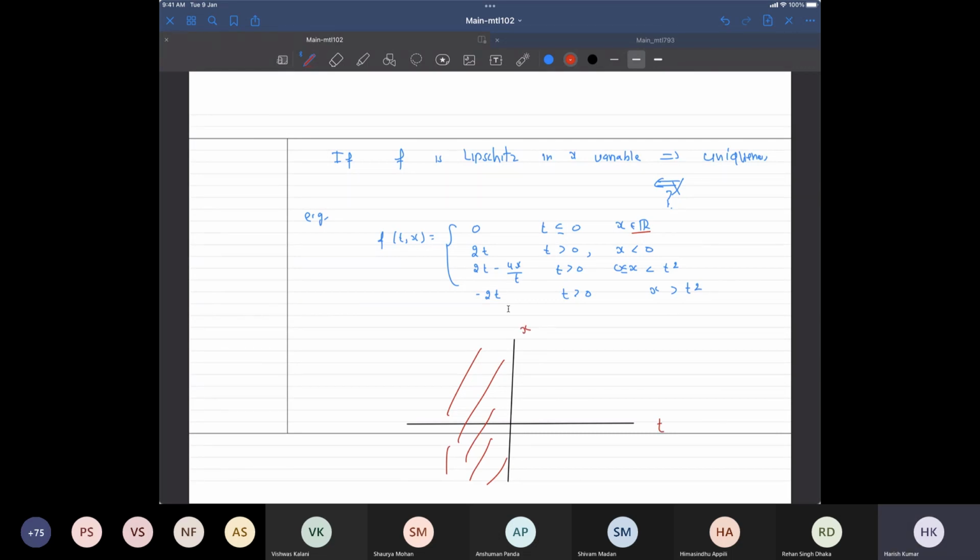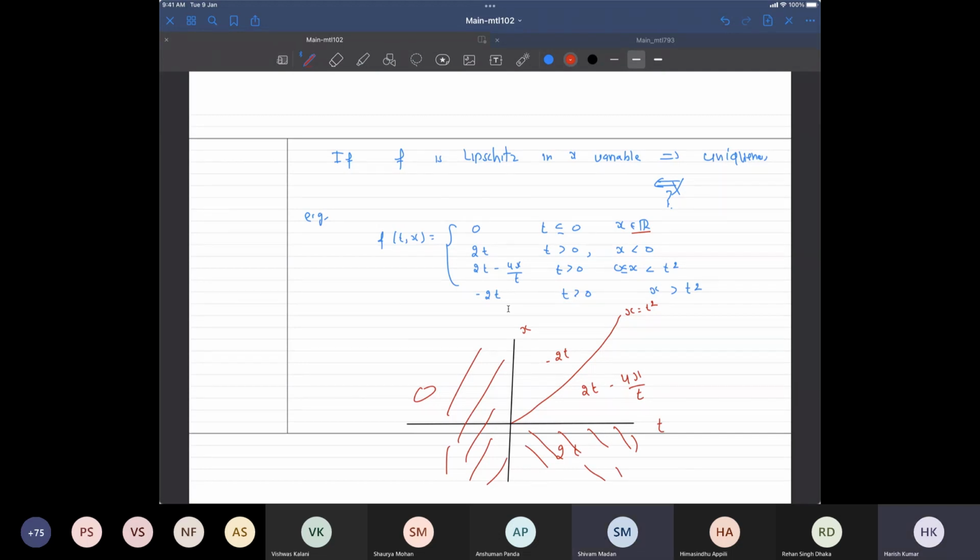Here everywhere you have 0. Now t positive and x negative, which is here, you have 2t. The positive quadrant for both variables, you divide into two parts by looking at t squared. Here you have minus 2t, here you have 2t minus 4x/t. And this curve is x equal to t squared. Is this picture clear?